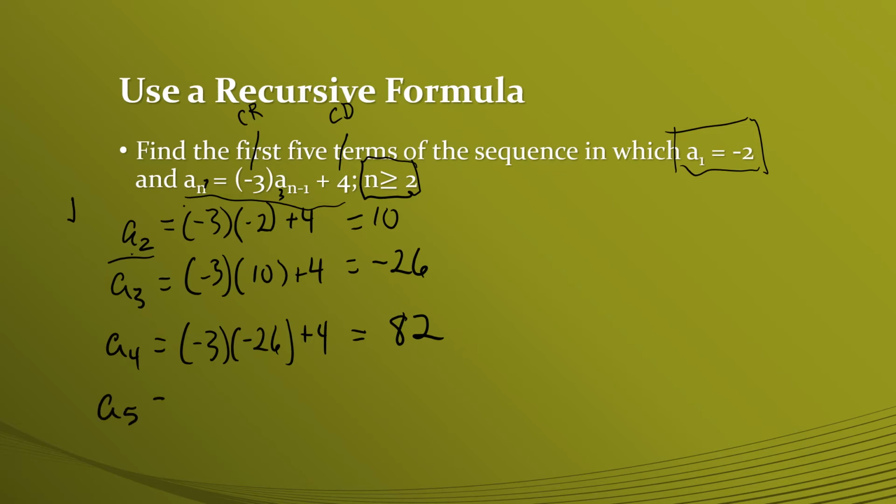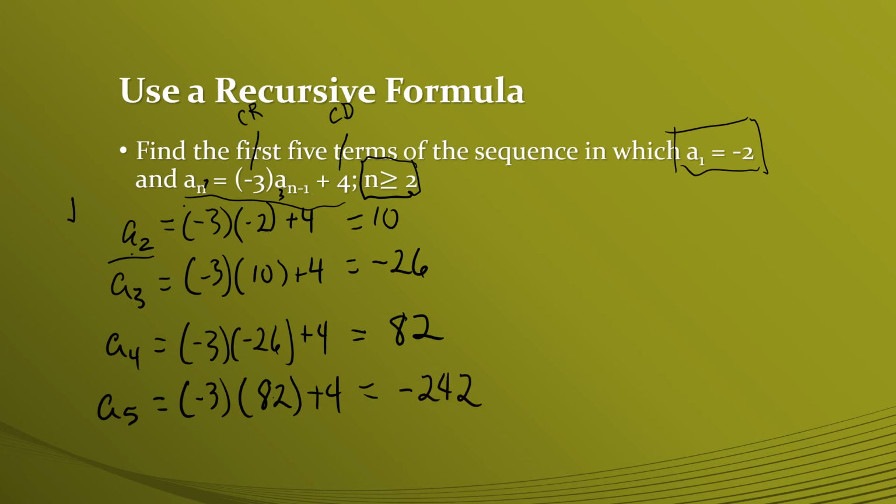And then we're going to find the 5th term of the sequence. Again, we take the common ratio, -3, times the 4th term of the sequence, a(5-1), which we found to be 82, plus 4. -3 times 82 is -246, plus 4.